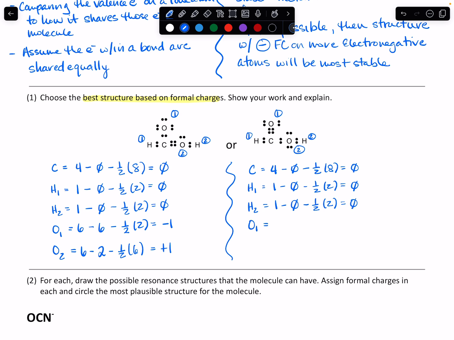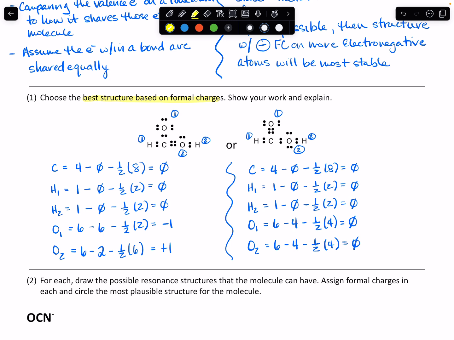O1, it's up top, 6 valence electrons. Now this time I have 4 electrons in lone pairs, and then I get 1/2 of those 4 electrons in that double bond, which is going to give me a formal charge of 0. And then O2, 6 valence electrons, 4 electrons in lone pairs, and then 1/2 of the 4 electrons in those 2 bonds, formal charge of 0.